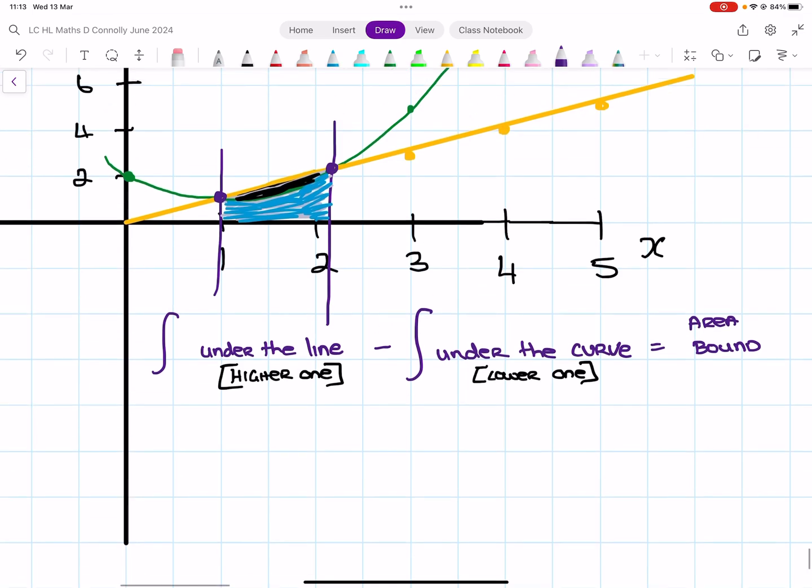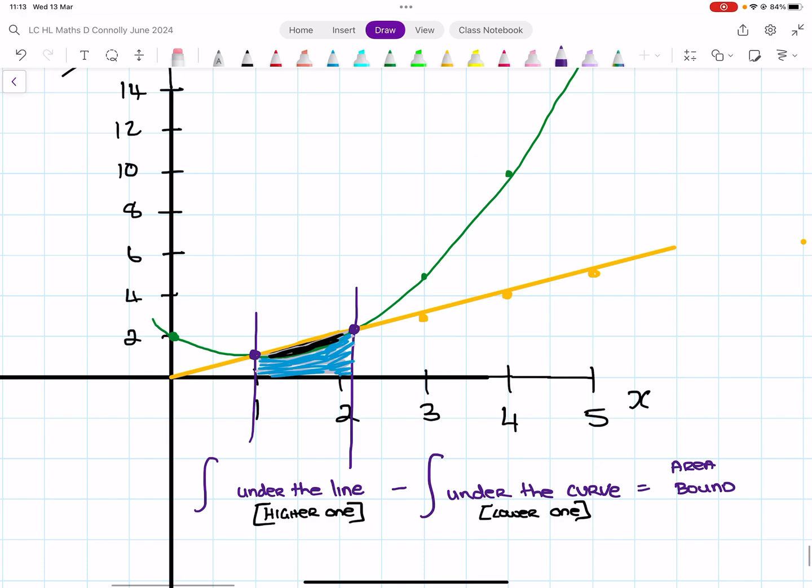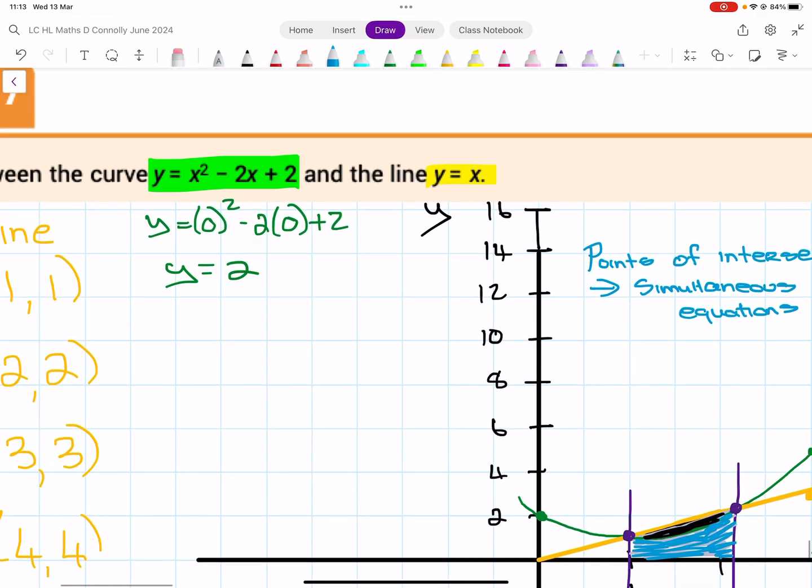So essentially what I'm looking for, and this happens a lot, is where the graphs intersect. And if we're looking for points of intersection, the maths is simultaneous equations. So we are looking for the point of intersection of these two.